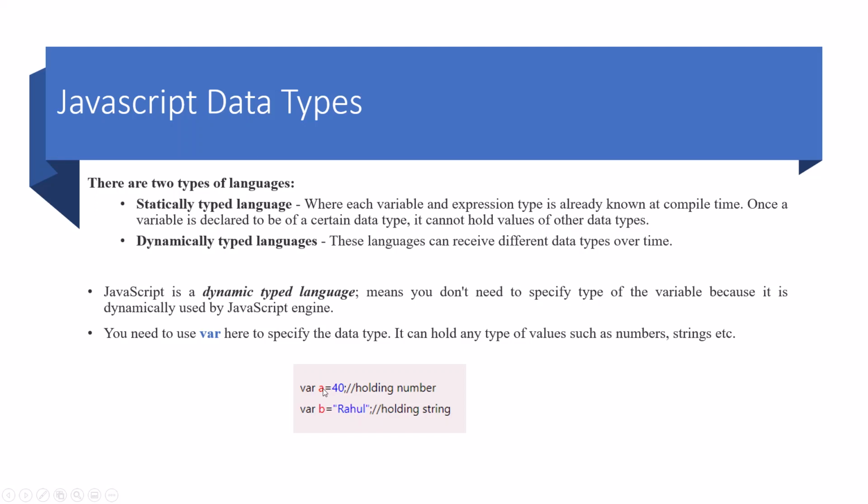Var a is equal to 40, so a is holding 40, which is a number value. And with the same var keyword, b is equal to Rahul, which is a string, so b is holding a string. We don't need to specify the data type for the variable. We can use this var keyword and declare the variables, and it will hold different data types over time.